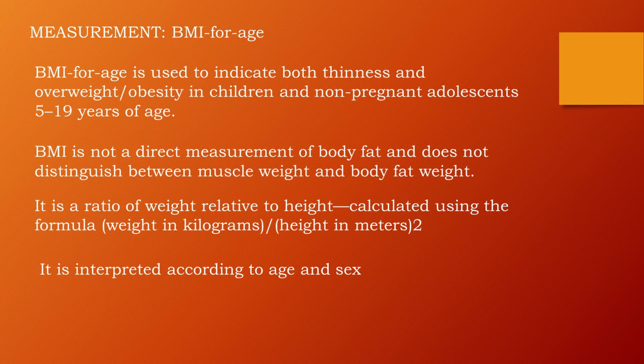So the formula becomes weight in kilograms divided by height in meters squared. That can be the formula for any age and any sex in the age group of 5 to 19. So, that is an ideal formula.